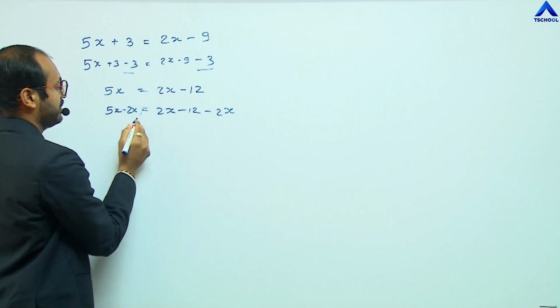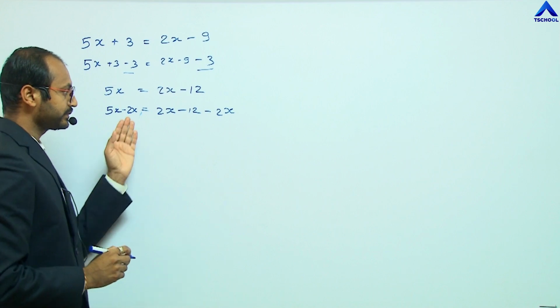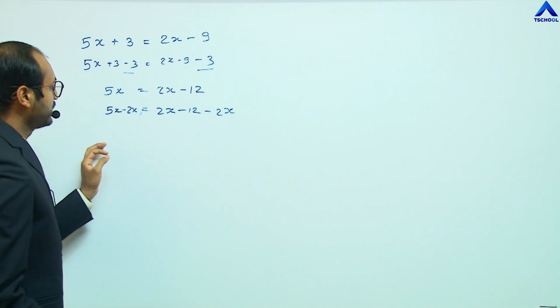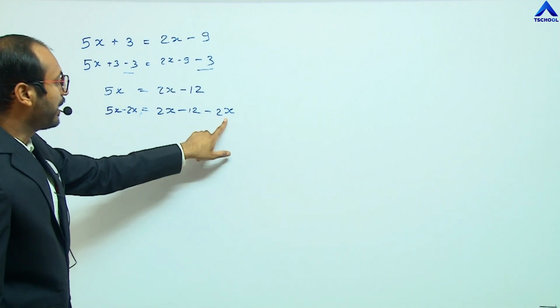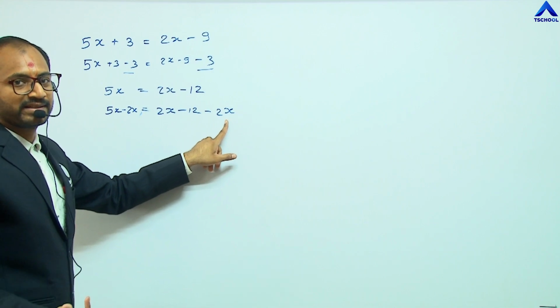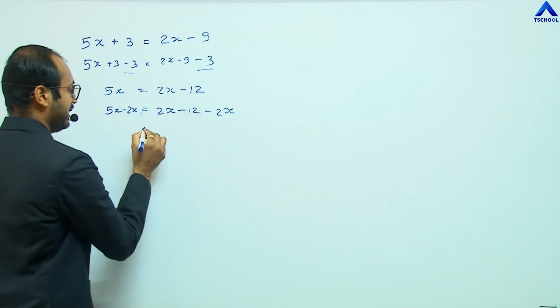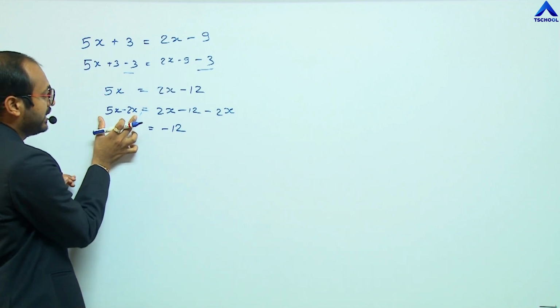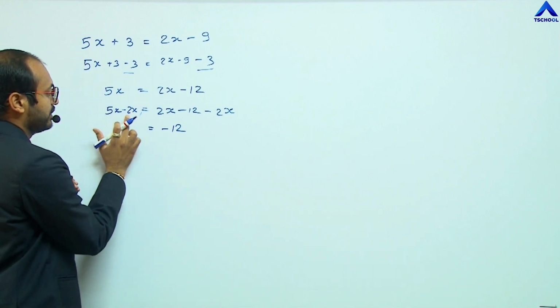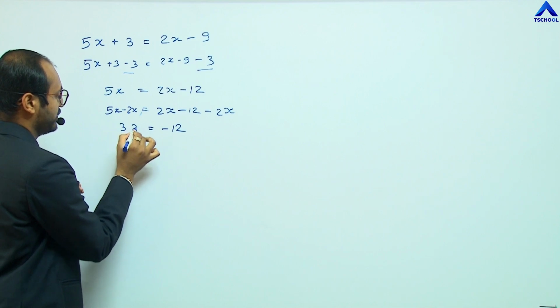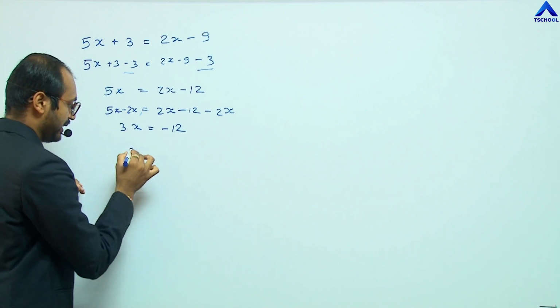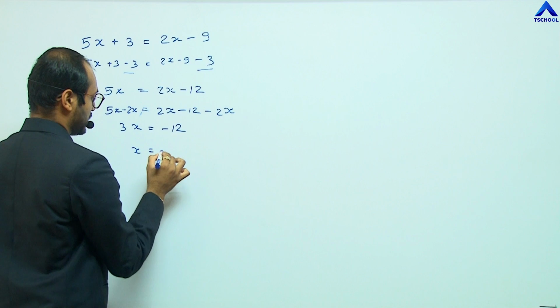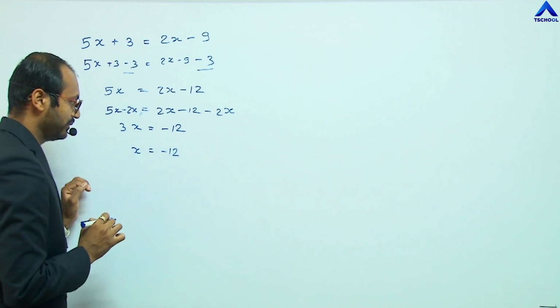Why are we taking this? Because this is also a number. Clear? So 2x minus 2x results in 0, and here remaining is only minus 12. And on this side 5x minus 2x gives 3x, so 3x equals minus 12.